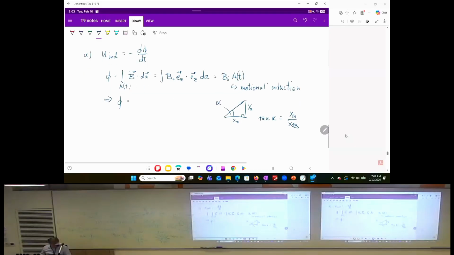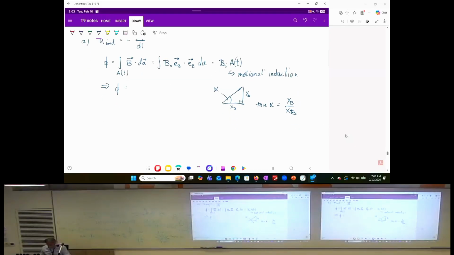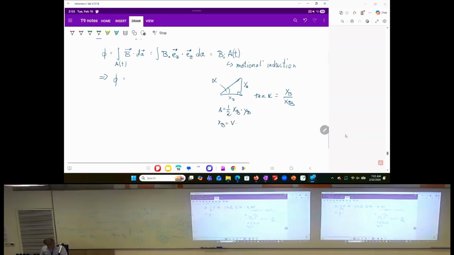So the area that you have enclosed in this triangle is 1/2 xb times yb. And this xb is a time-variable quantity, given by the velocity of that wire in x direction times the time.